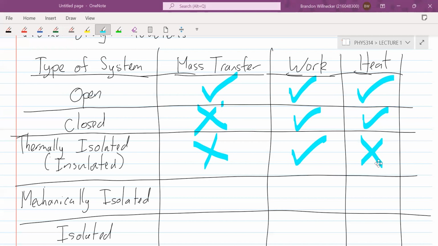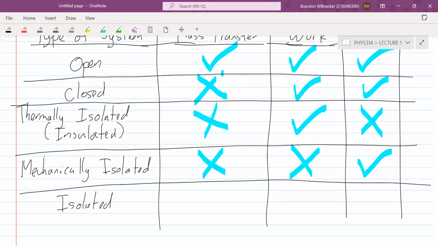For mechanically isolated, we do not allow mass transfer, we do not allow work to be done, but we do allow heat transfer. You can think of mechanically as pushing and pulling. In that case, work is going to be done if you push something or pull against something. So if it's mechanically isolated, we do not allow work to be done both ways, by the system or the environment.